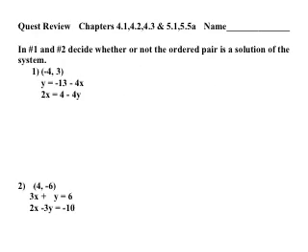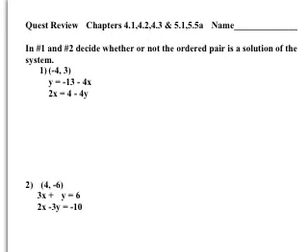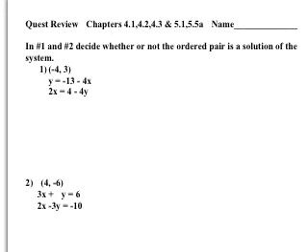So, does the point (-4, 3) work in this equation? Remember that the first part is the x, this is the y. So we'll stick the -4 in for the x's and the 3 in for the y's. Make sure this thing works.